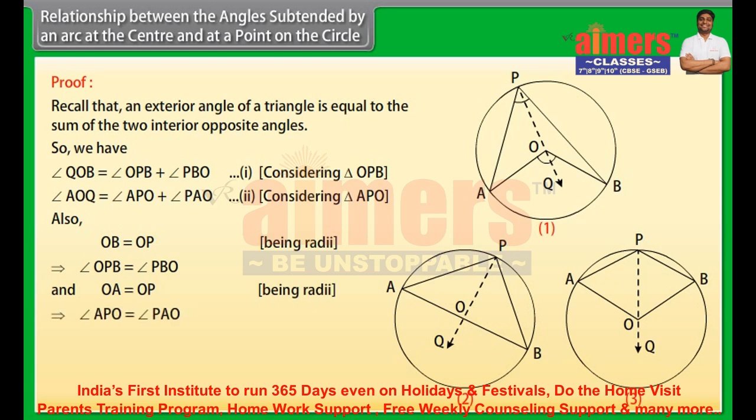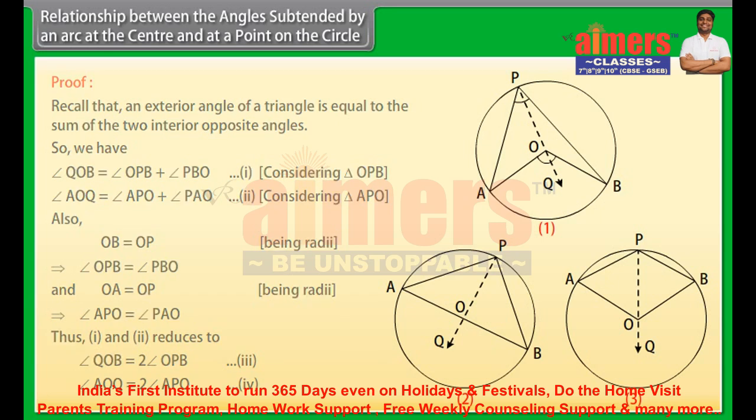Similarly, angle APO is equal to angle PAO, thus 1 and 2 reduce to angle QOB is equal to 2 into angle OPB, (3). Angle AOQ is equal to 2 angle APO, (4).